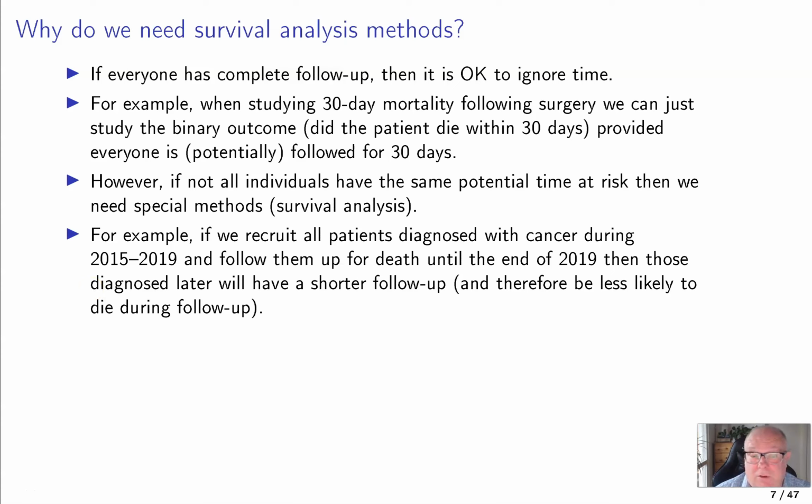So we can't just calculate the proportion who die. We need to take account of both dimensions of the outcome. Did the patients die, and for how long were they at risk, or for how long were they followed up?